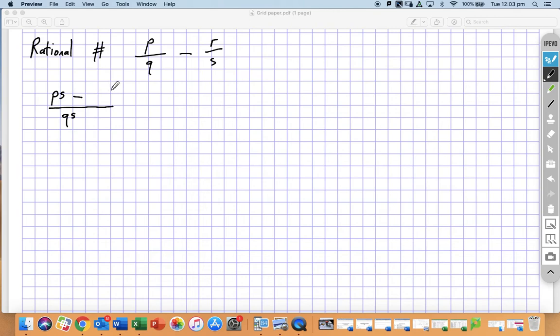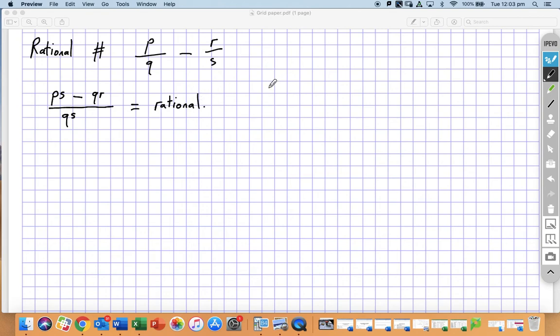What about over here? We timesed that denominator by Q, so we have to times the top by Q. So we have QR. And this is still rational. It's still a fraction. That's really all we need to do.